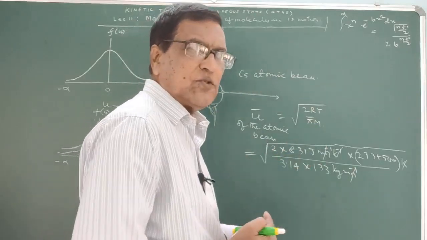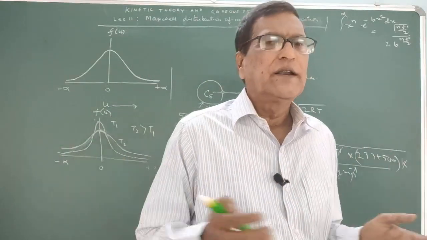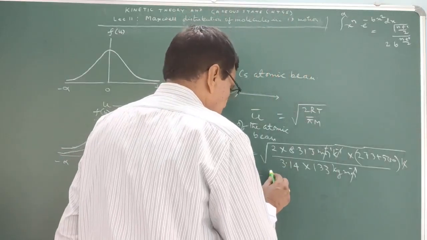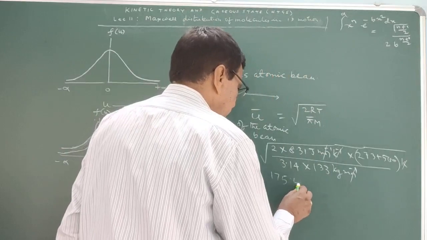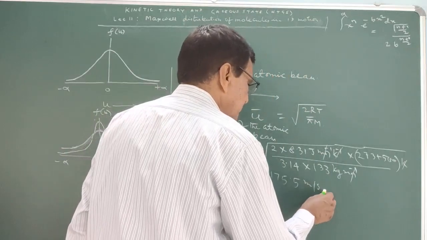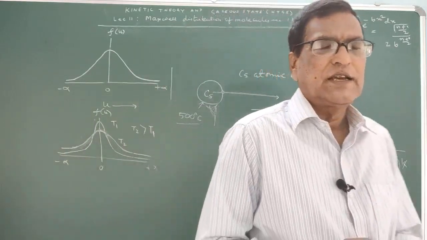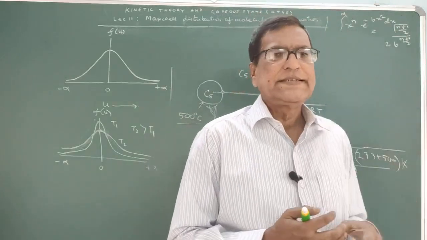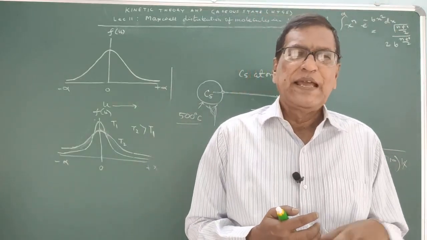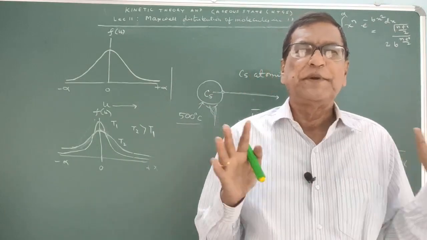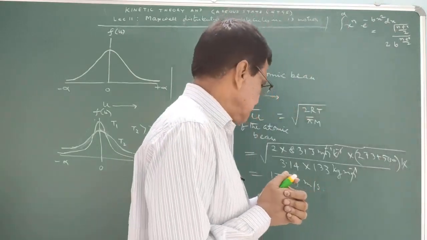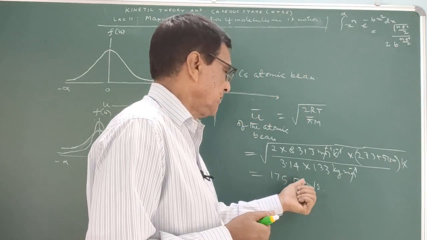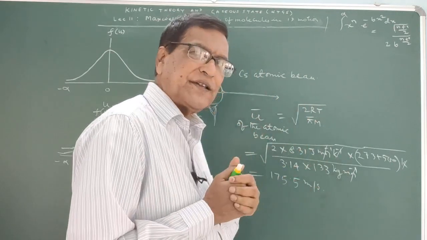We have seen this in earlier problems, and this value will be equal to 175.5 meter per second. So the average velocity of this cesium atomic beam at 500 degrees centigrade becomes 175.5 meter per second.